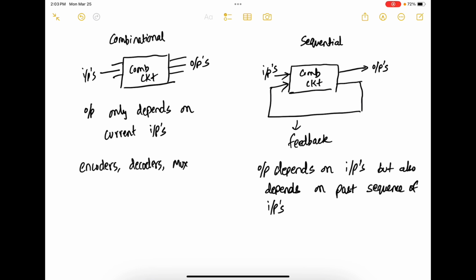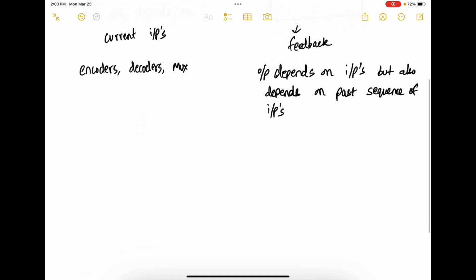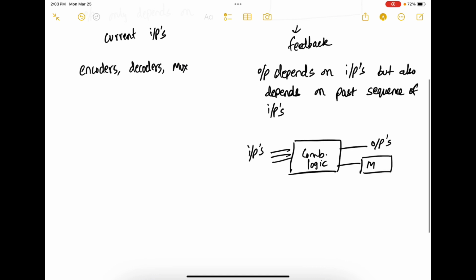Whenever we talk about the past, it has to be stored somewhere, right? How can you recollect things from the past if you do not have it stored? So this is where the concept of memory comes in. So a sequential circuit is going to have inputs followed by some combinational logic followed by outputs and followed by memory.